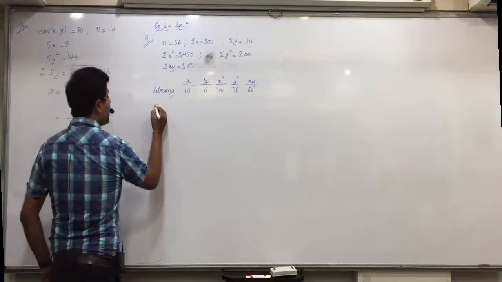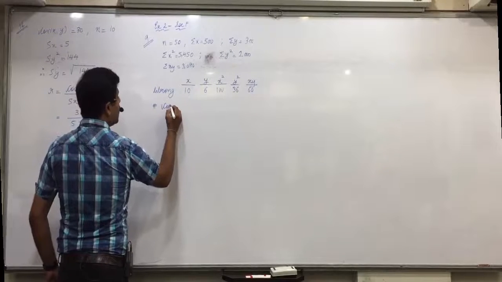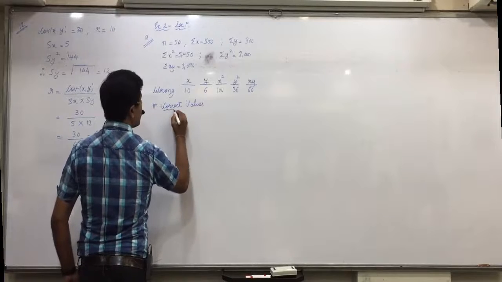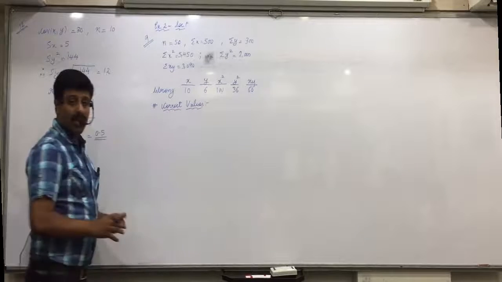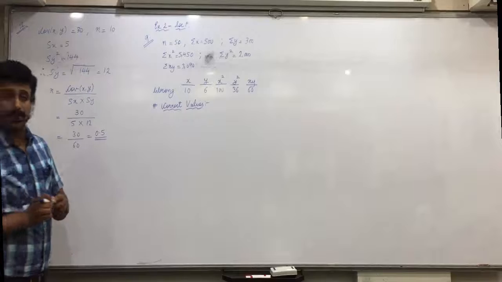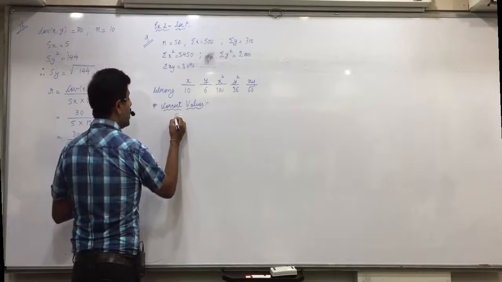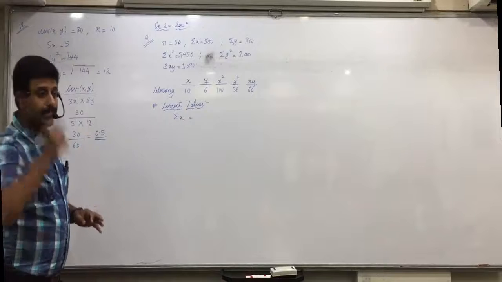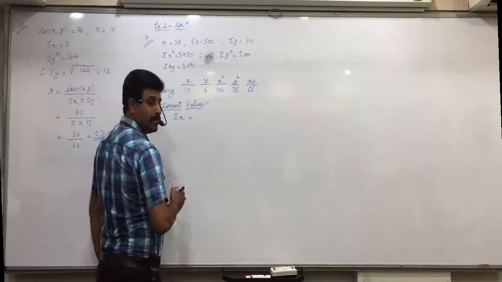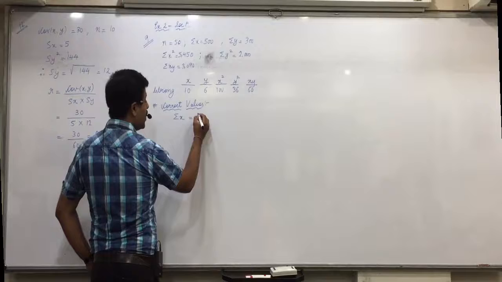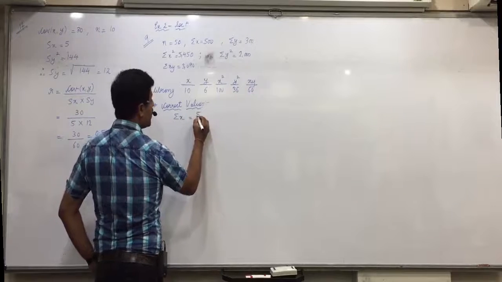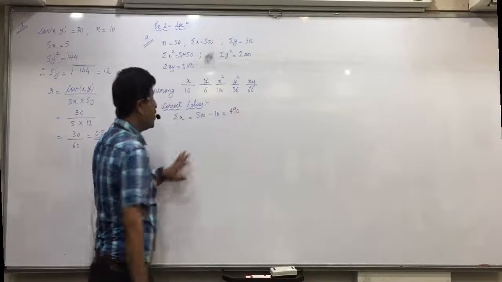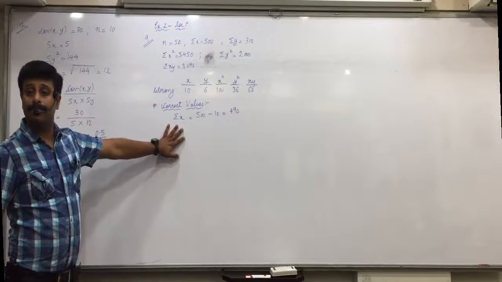No. Now what we do is first we find all the correct values. So sigma x correct value. Ishan, how do you get that? 500 minus 10, that is 490. Who is not able to understand this?